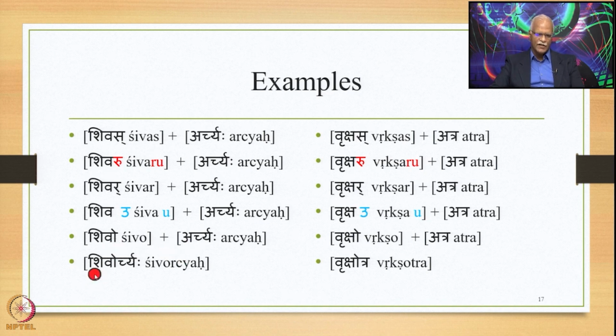And so we have finally shivorchaha as the derived form. As you see, there are two padas over here, shivas and archaha, and this sa is coming into contact of the next pada, and then this gets modified into u, and finally there is a sandhi and the form shivorchaha is derived.